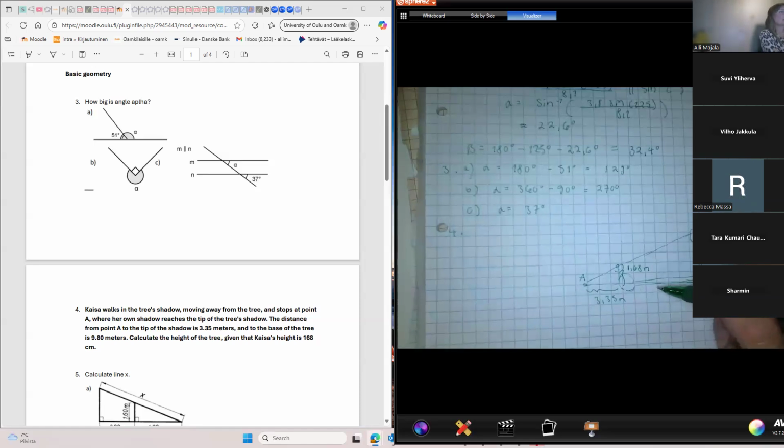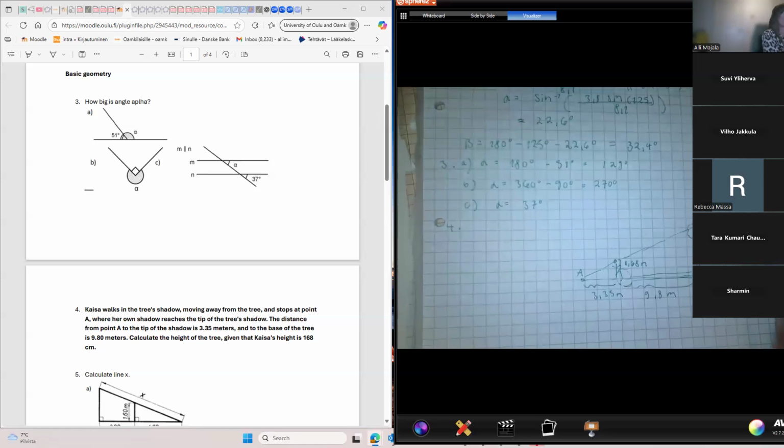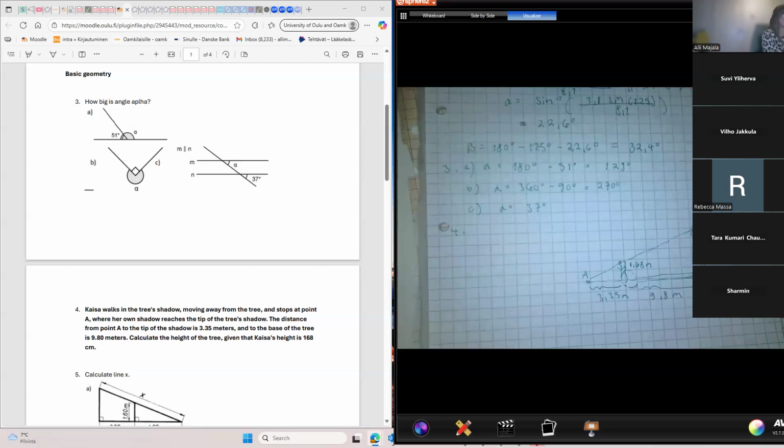But then the base of the tree. So then this has to be the 9.8. So obviously this goes with the right angle triangle. Here's a right angle triangle like here as well. For sure it can go with something else as well.